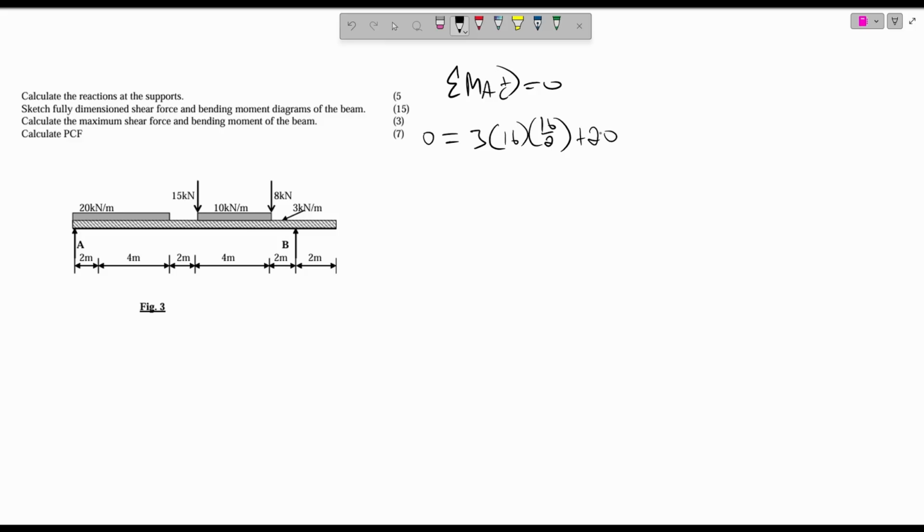The 20 is also clockwise, times 6, 6 divided by 2. 15 also clockwise, times 6 times 8. 2 plus 4 plus 2 is 8. The 10 kilonewton is also positive, it is 10 times 4, 4 divided by 2 plus 8.